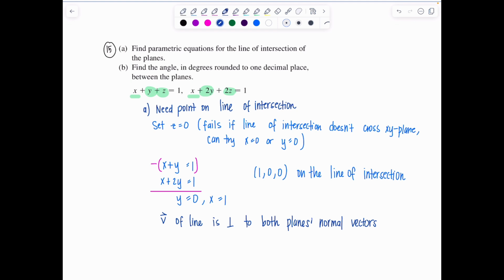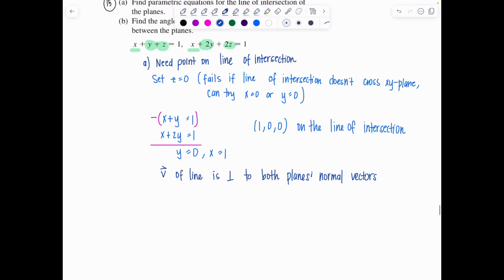It's in each of the planes. So therefore, since it's in plane number 1, it's perpendicular to the normal vector for the first plane, and it's also in plane number 2, so it's perpendicular to the normal vector of the second plane. So it's mutually orthogonal to both their normal vectors. So all I need to do is take the cross product of their normal vectors, and I will have the direction vector for our line.